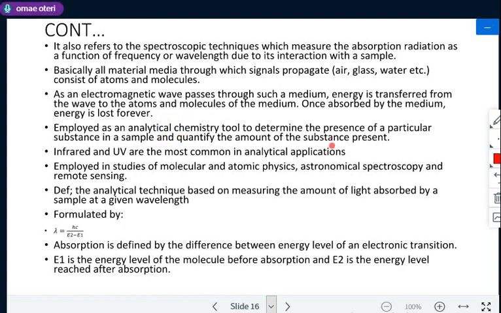In chemistry, you can use that in infrared and UV analytics. You're going to come across systems which are used out there for this function. So molecular and atomic physics, that study, is what you call spectroscopy.